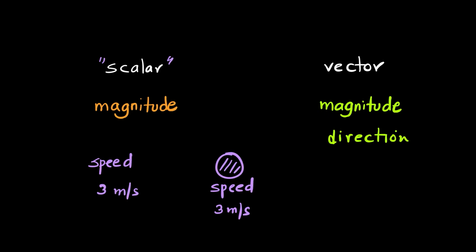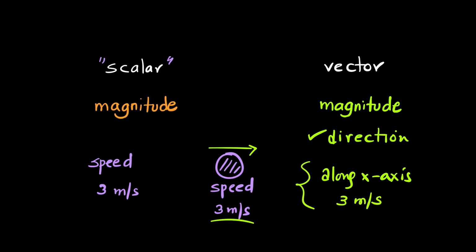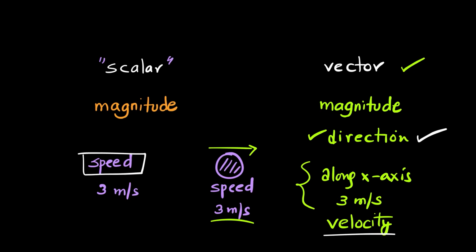But if I say it's traveling with a speed of 3 meters per second along the x-axis, now along x-axis is giving me the direction and the magnitude is 3 meters per second. Therefore, we will now call it velocity. Velocity is a vector quantity. In other words, speed in a particular direction is velocity.